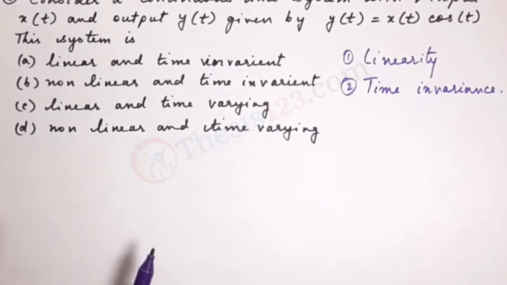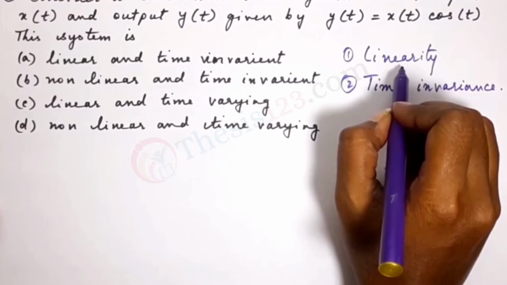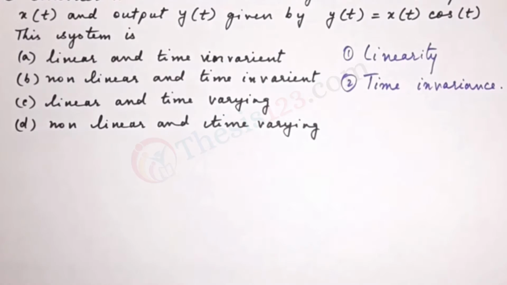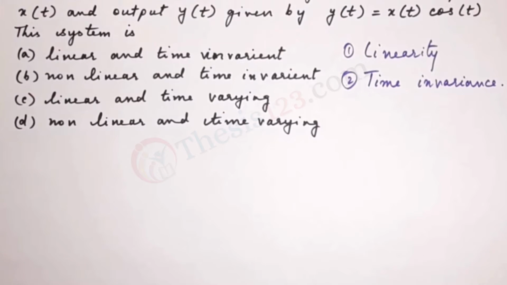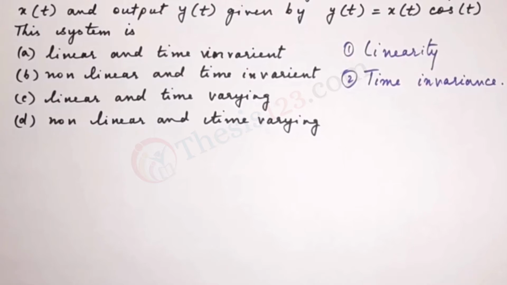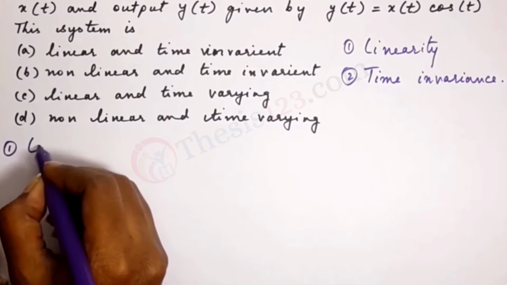There are two conditions to say that the system is linear. One condition is that it must be homogeneous, and the second is that it has to satisfy the additive property. So let's work on linearity first.